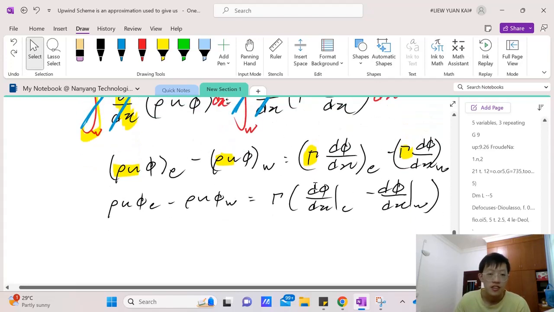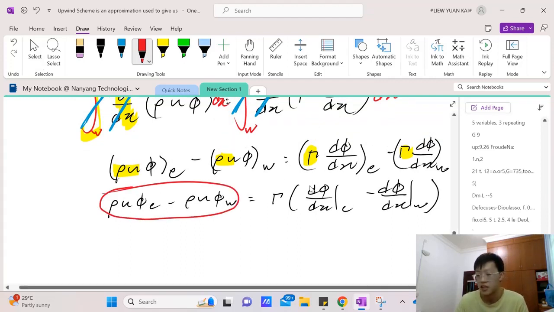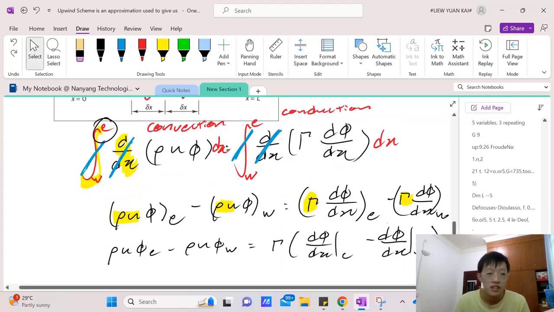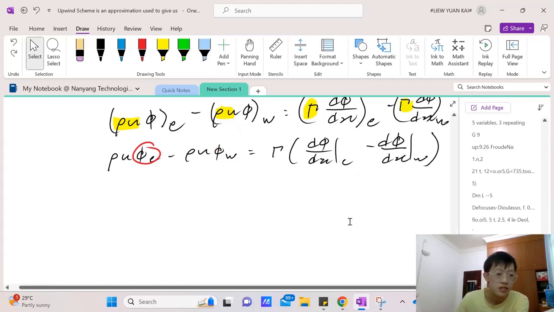The thing that is new here is how to deal with the convection terms. This is where the upwind scheme approximation comes into play. The question is, what is the value of phi at E and phi at west? We don't know. So let's have a look.